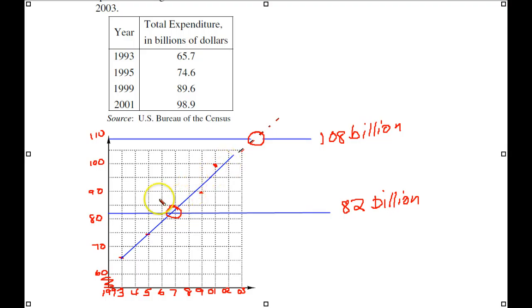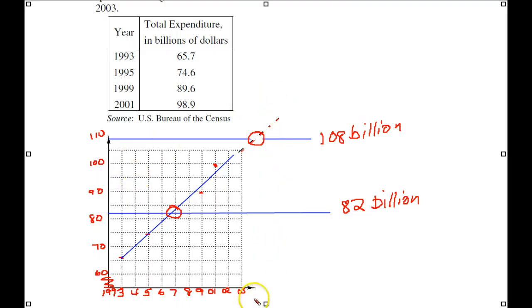And then they asked us, well, what would you expect was spent in about 1997? And you go up and you say, well, again, my graph may not be that accurate, but about 82 billion, because you're going up there and then kind of going over there and reading it. I may be a little bit off.